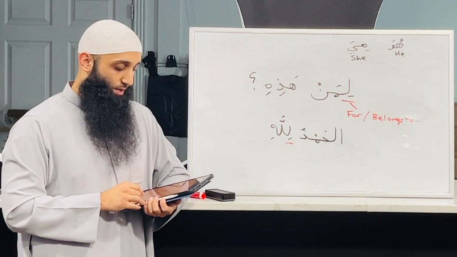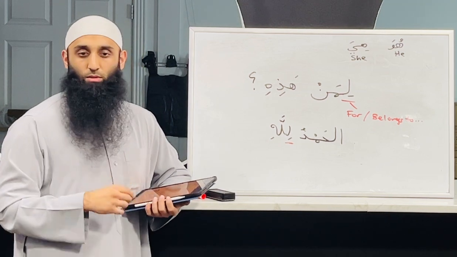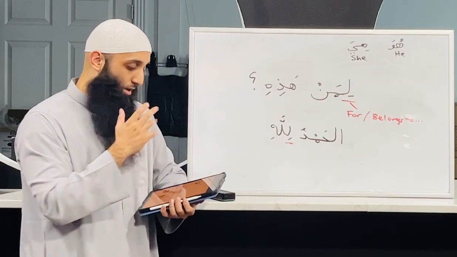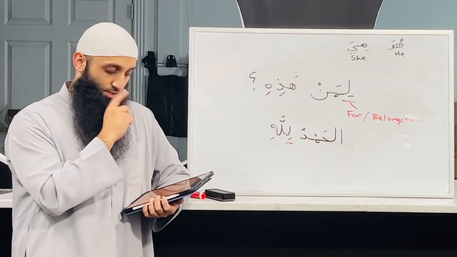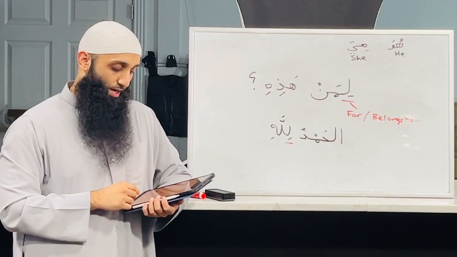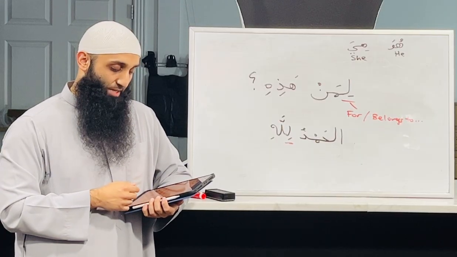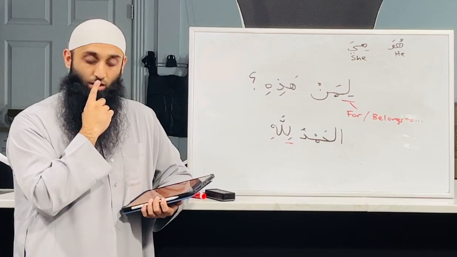Hadha anf wa hadha fam. Okay, hadha means masculine, right? So these two nouns that we are seeing are masculine. Hadha anf, this is the nose. Wa hadha fam, this is the mouth. So we know now the nose and the mouth are masculine.